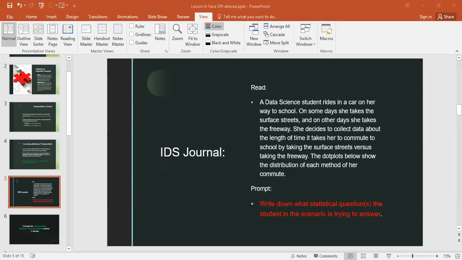Ooh, a lot of you are coming through with these questions. I love it. Yes, Alexander, great. Alexander, that's a good question, but it's a statistical question that's very basic and only uses one variable. What kind of statistical question can you come up with that's maybe comparing freeway and surface streets?